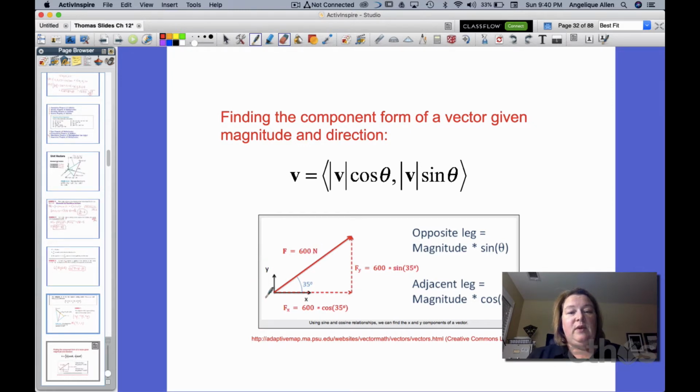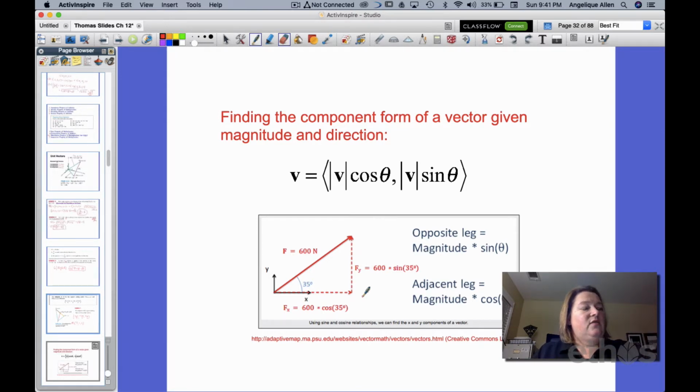When you have the length of the hypotenuse and you need the length of the adjacent, it's hypotenuse times the cosine of the angle with the horizontal. And then if you need the vertical, it's the hypotenuse times the sine of the angle formed with the horizontal, and that gives you the vertical length. So this is just trig class over again.